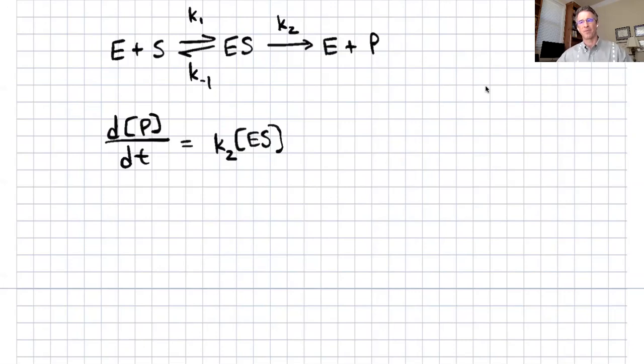But not perfect. It's not immediately obvious how to solve that. We've got two variables, three really, if you count our independent variable, time: enzyme substrate complex and product. Oof. How do you deal with that?